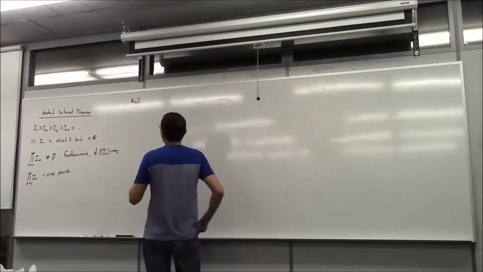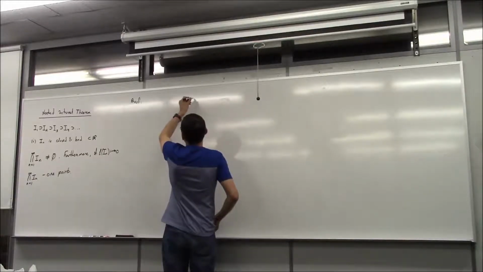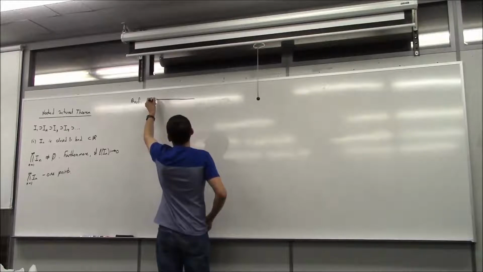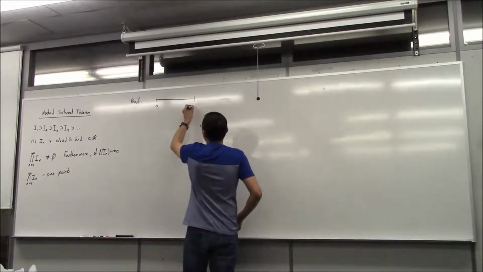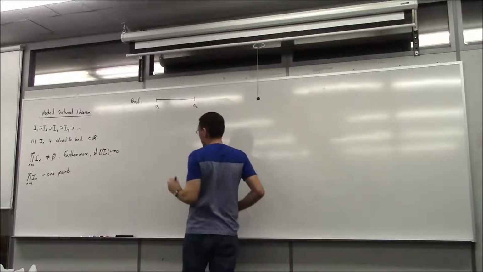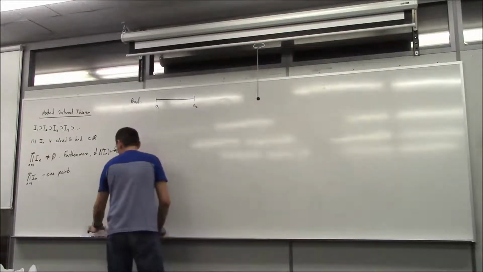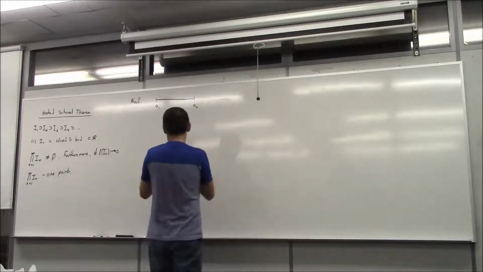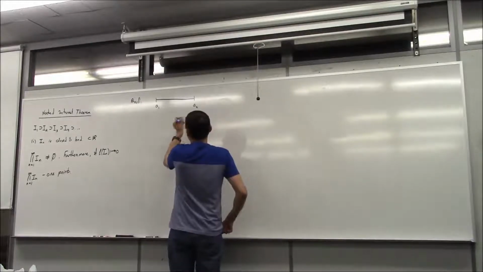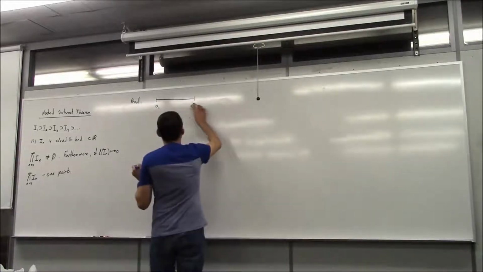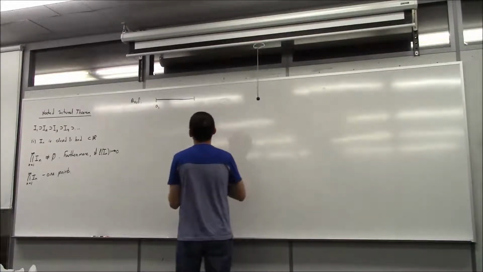I'm going to draw those sets. The initial set is from A1 all the way to B1. Now the set that is nested within it, let's call it A2, B2.